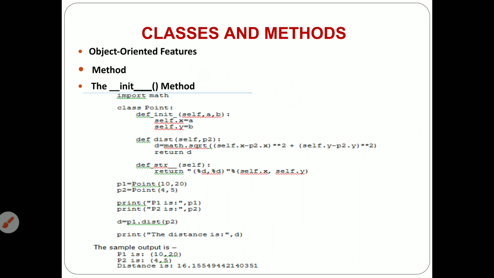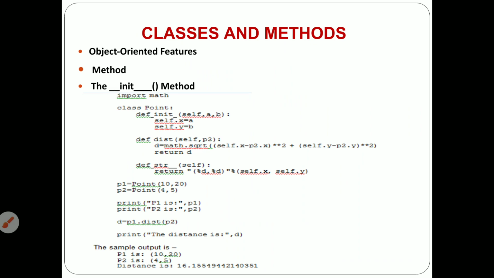And this method cannot use the names p1 and p2. Instead of any names like p1 and p2, it uses self, meaning it uses the reference, the alias of p1, like that it works. Then later, once again, print p1 is p1.